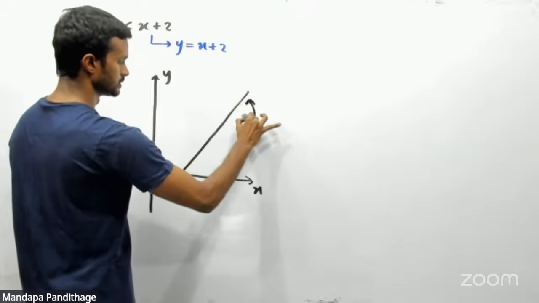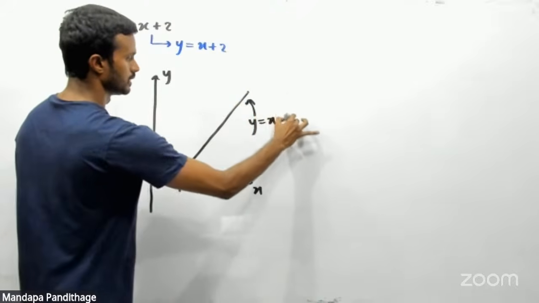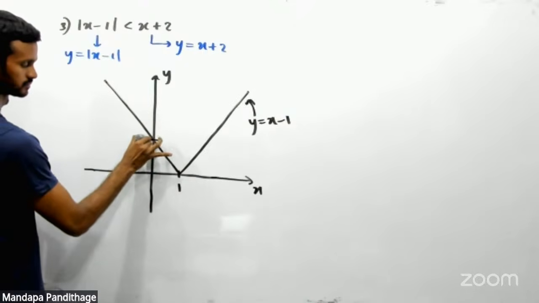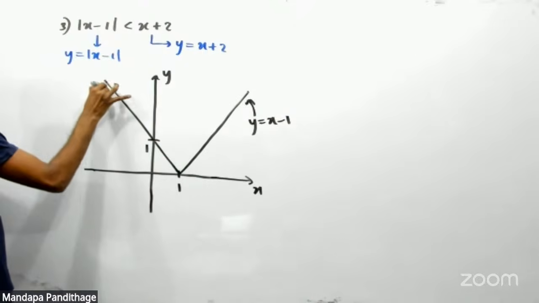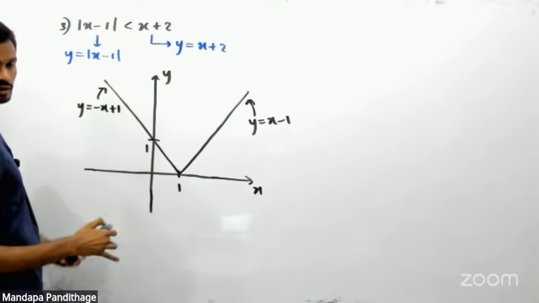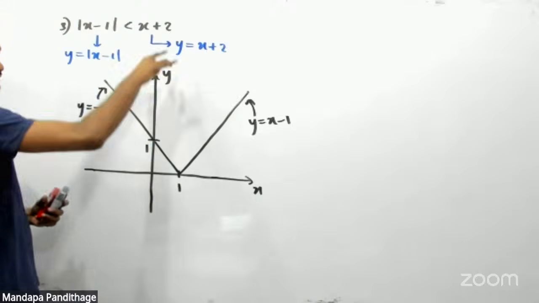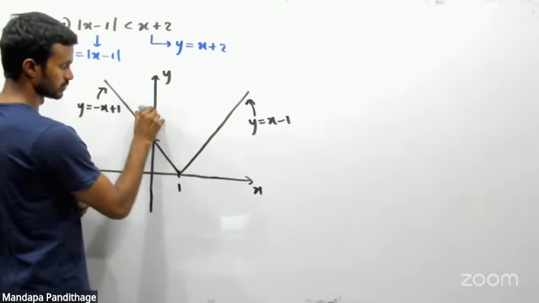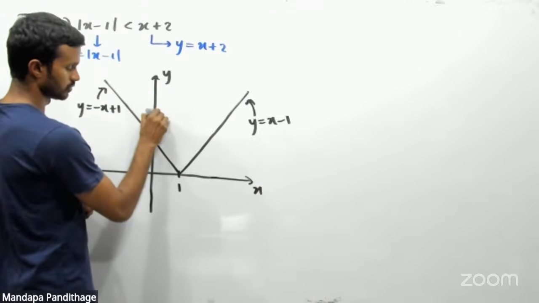This is y equals x minus 1 and y equals minus x plus 1. And then what is the next one? y equals x plus 2, which is a straight line going through this point, with an intercept of 2.